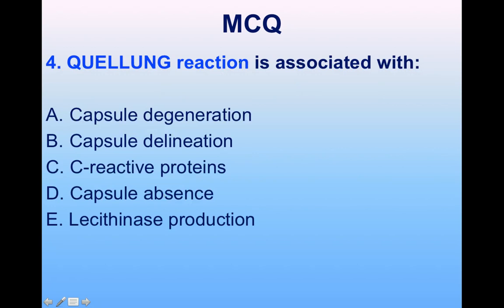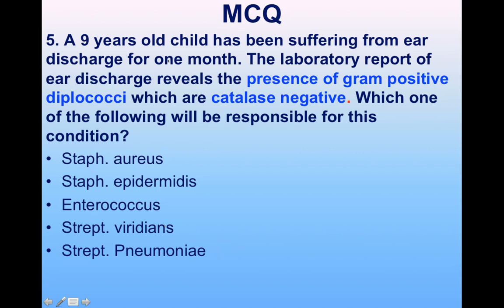Quellung reaction is associated with what? Capsule degeneration or whatever is given in the options. Go through them and then come up with the correct answer. The fifth MCQ is about a child who has been suffering from otitis media, and the ear discharge reveals gram-positive diplococci which are catalase negative. Which of the following is responsible for this condition?